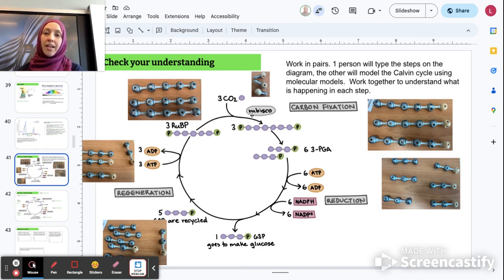This cycle here is using carbon dioxide, it's using ATP, it's using NADPH to make sugar. Each time we go around this cycle, it produces half of a glucose molecule or a 3-carbon molecule. After we go through it twice, it would produce 1 glucose molecule. Okay, all right, so those are the light-dependent and light-independent reactions in a little more detail.